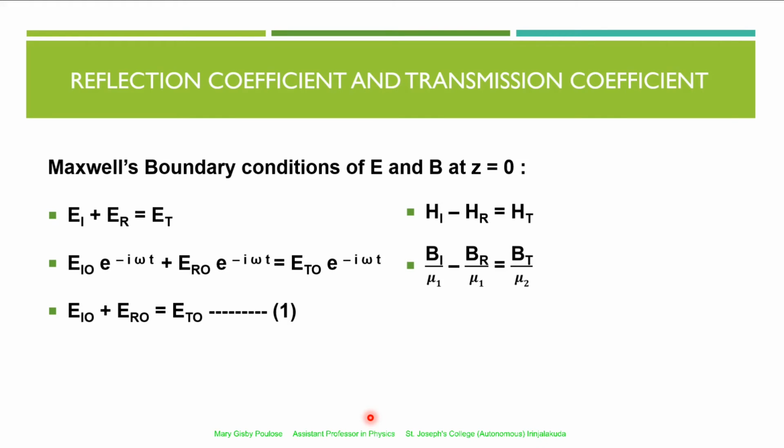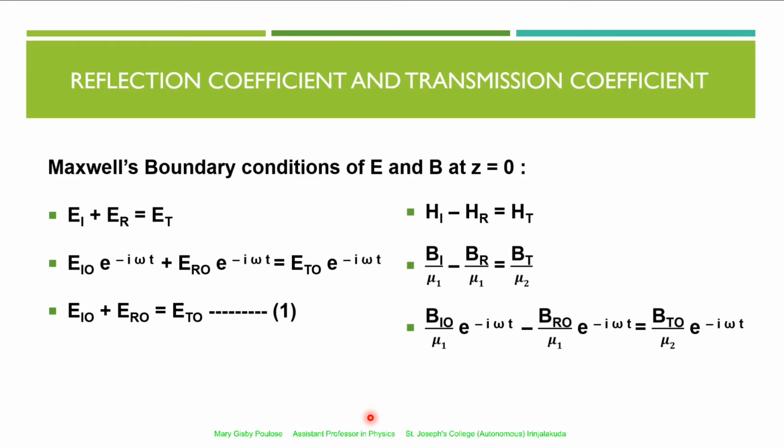Rewriting it, we get B_I/μ - B_R/μ = H_T, since H = B/μ. Hence, B_I/μ1 - B_R/μ1 = B_T/μ2. Remember, μ is the permeability of mediums 1 and 2.